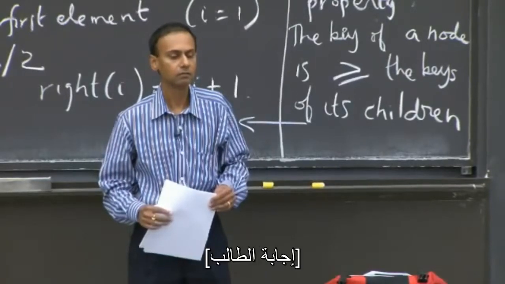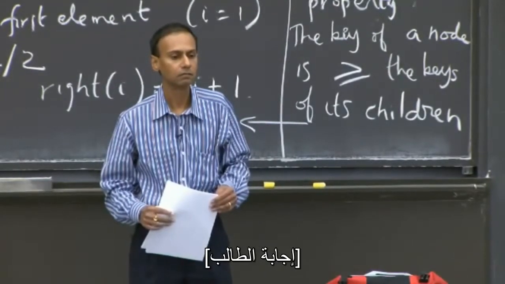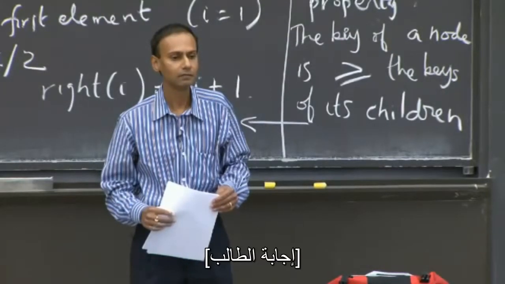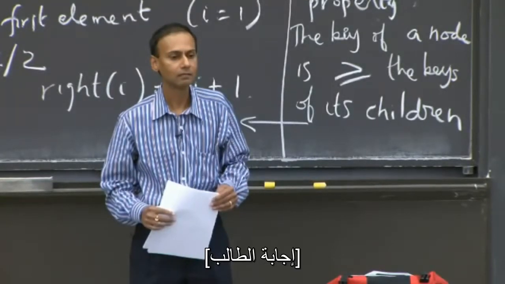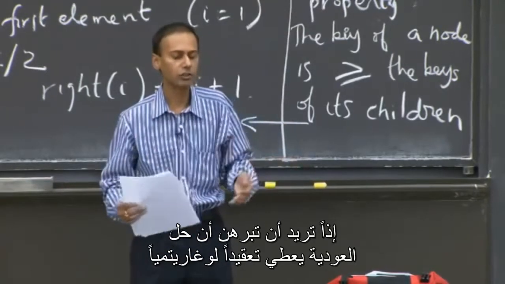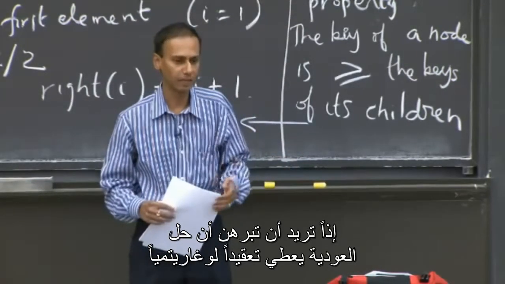And so your recursive call will be T of 2n over 3 plus a constant, and you just keep calling that over and over again. So T of n is less than or equal to T of 2n over 3 plus a constant. So you're arguing that the solution to the recurrence gives you a logarithmic complexity.